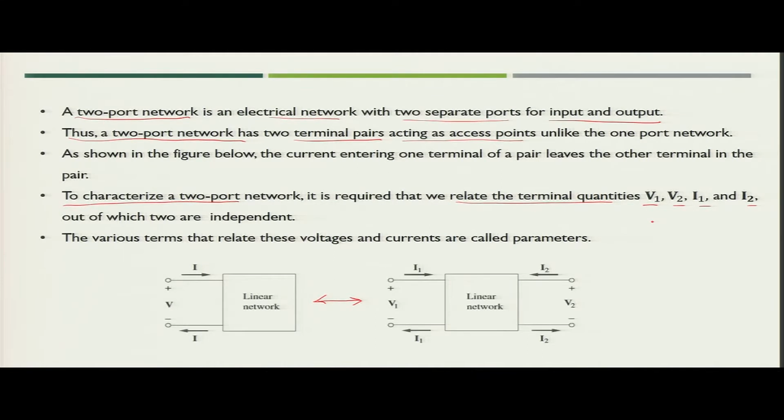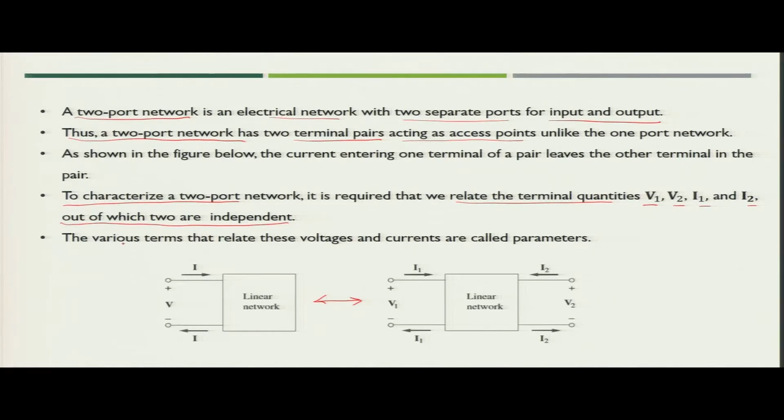So, if we want to characterize the two port network, we have to find out the values of V1, V2, I1, I2. Since we have 4 variables, at least 2 of them have to be made independent quantities, so that you can find out the circuit parameters.